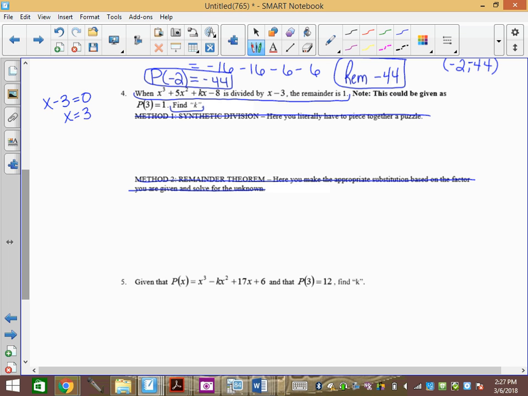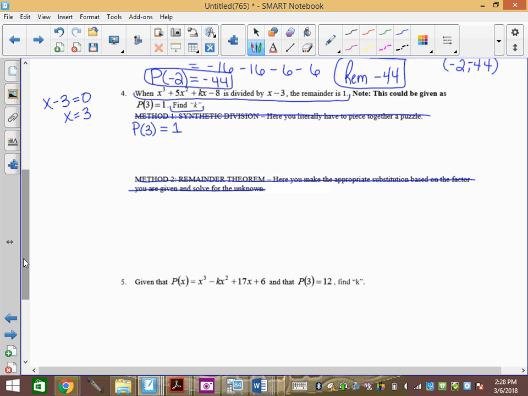We just said that if we fill that in for the polynomial, it's going to equal what? It equals the remainder, which is 1. So whenever they give you the factor and the remainder, you can plug them in, right? P of 3 is going to equal the remainder. We agree?